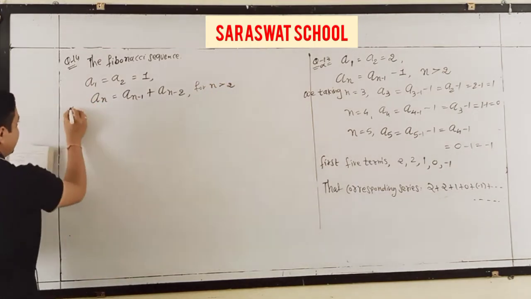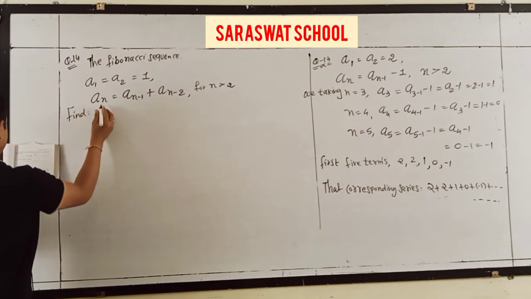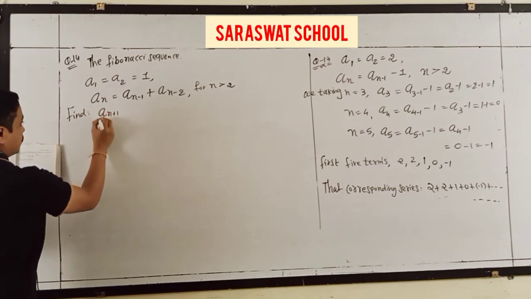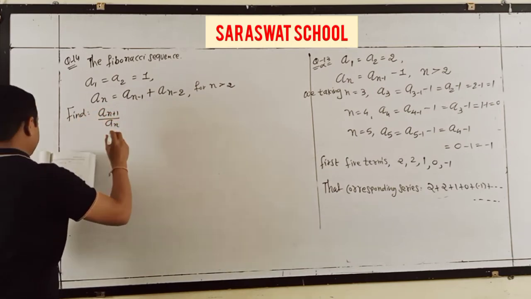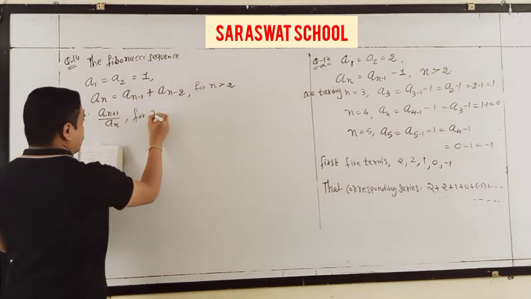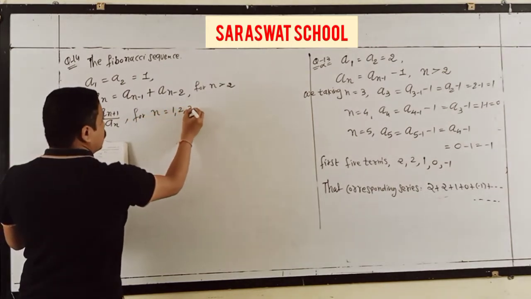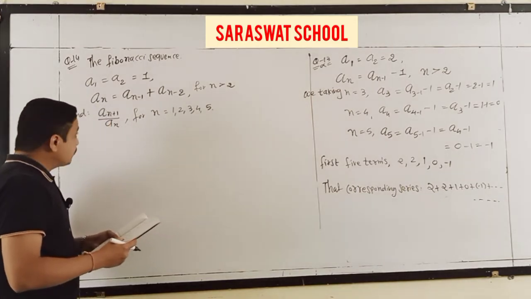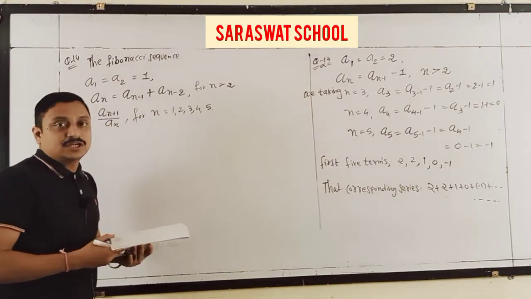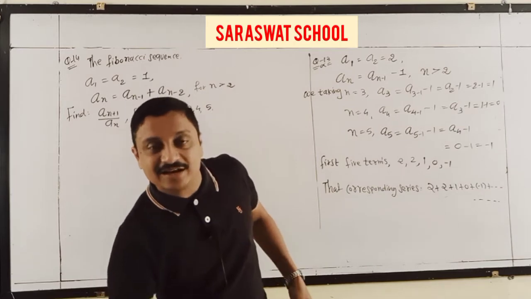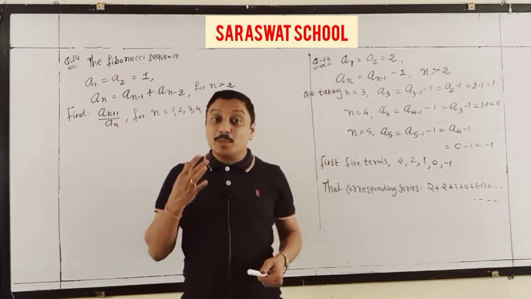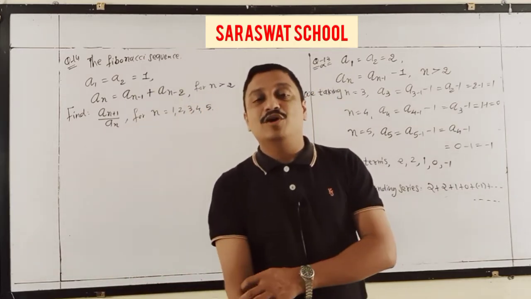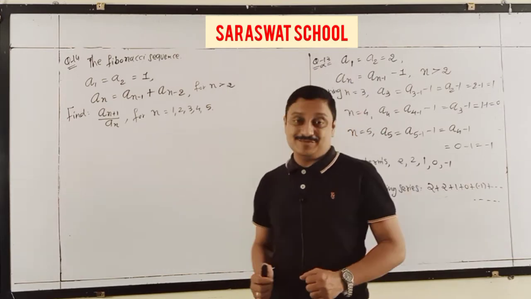The question is to find an plus 1 by an for n equal to 1, 2, 3, 4, 5. Again repeat, an minus 1 plus an minus 2. Students, Fibonacci sequence is just like an arithmetic sequence or geometric sequence. That type is given here, the Fibonacci sequence.